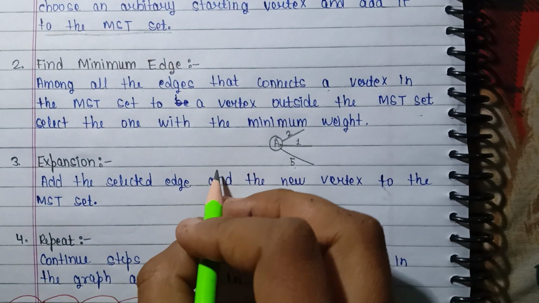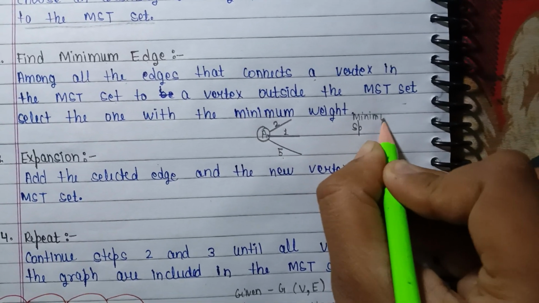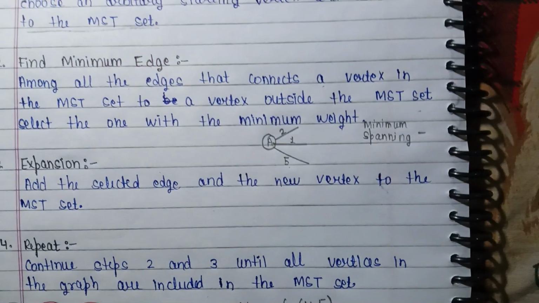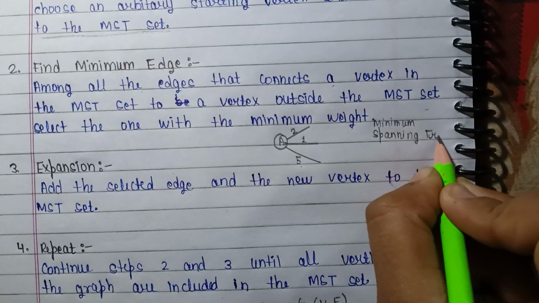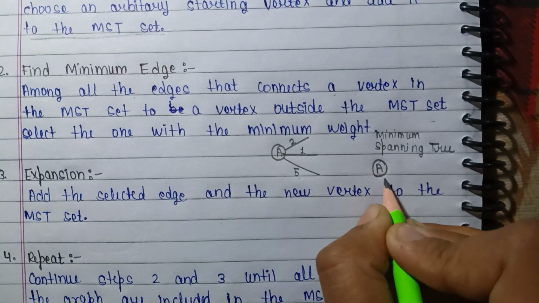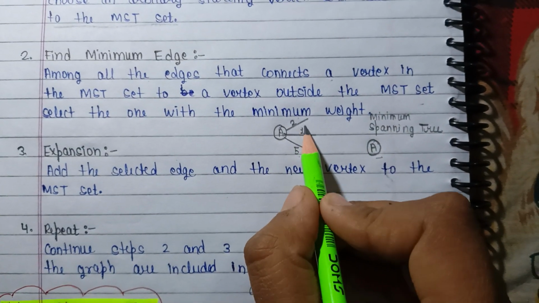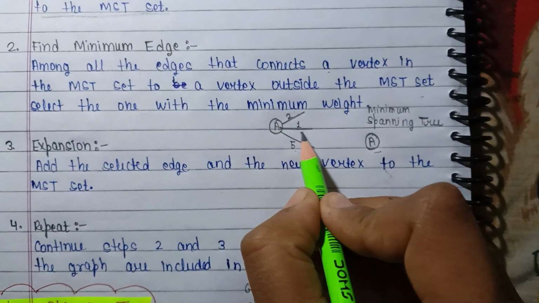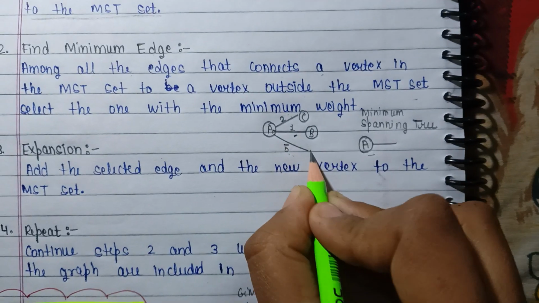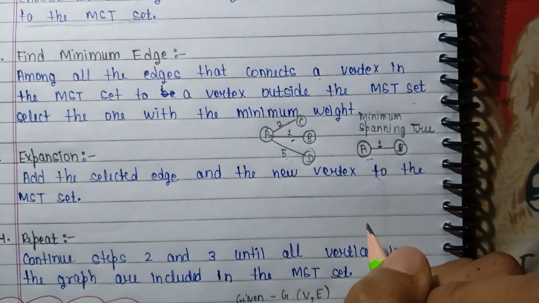So this is our minimum. Suppose we start from A, so we have to find the minimum from these. Now the minimum will be this, so we draw like this, B, C, D. So we choose the minimum weight edge.